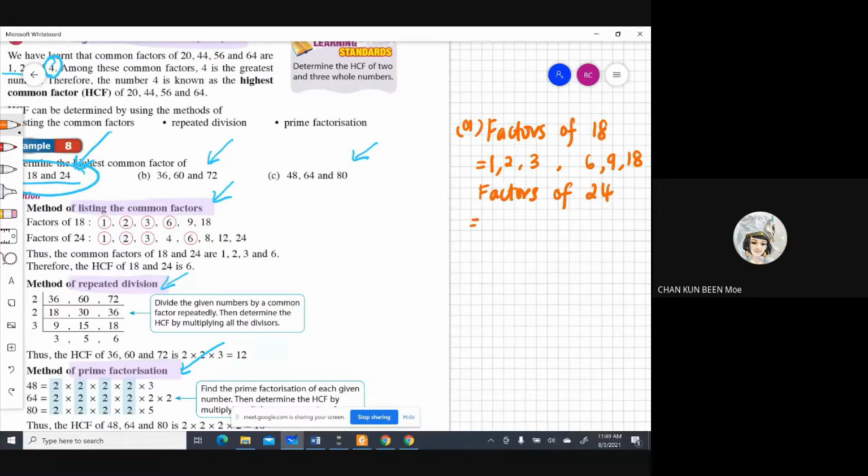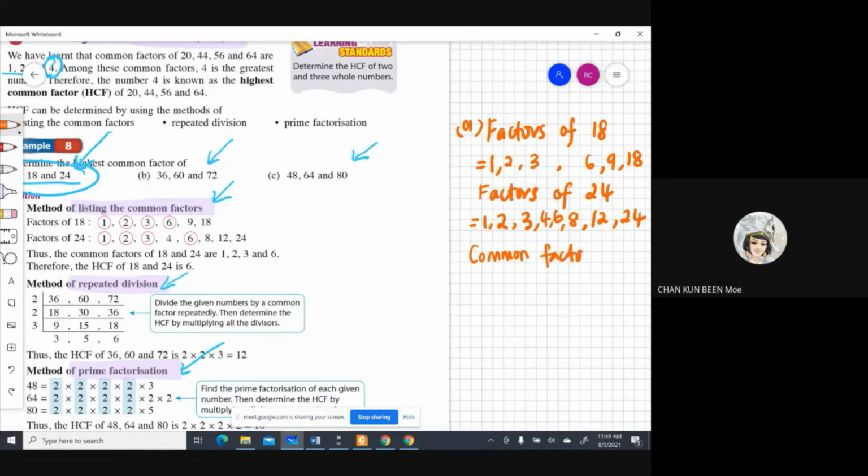Factors of 24 are 1 times 24 equals 24. 2 times 12, 24. 3 times 8, 24. One more, 4 times 6, yes, 24. So add that in here.